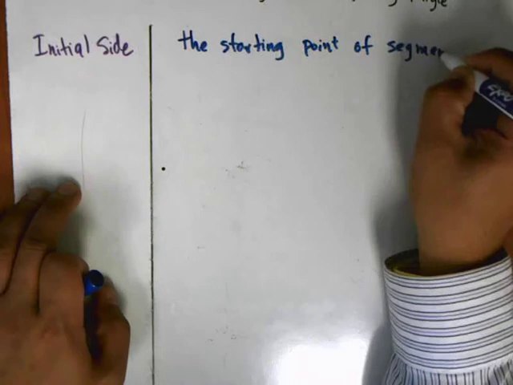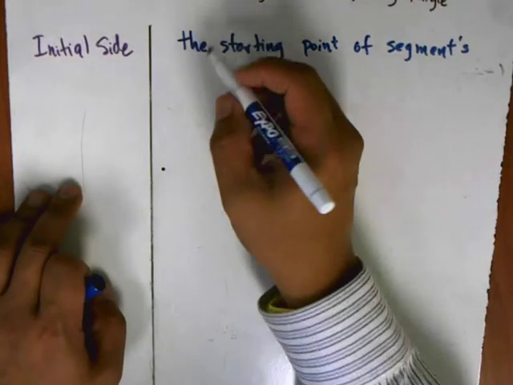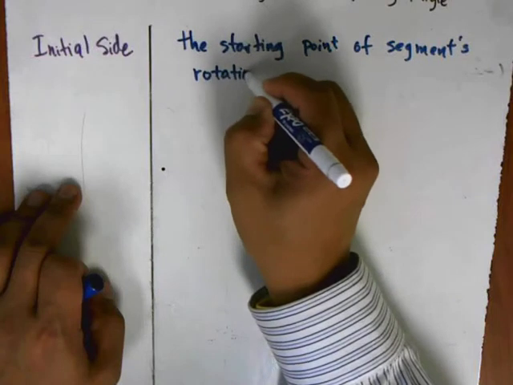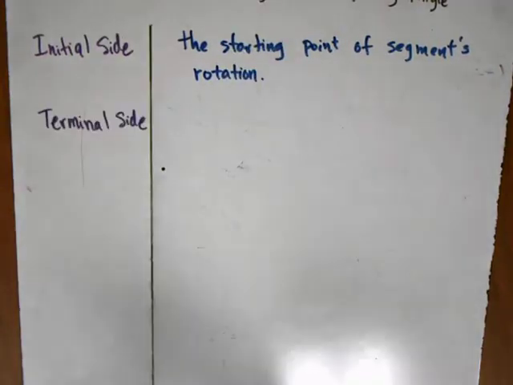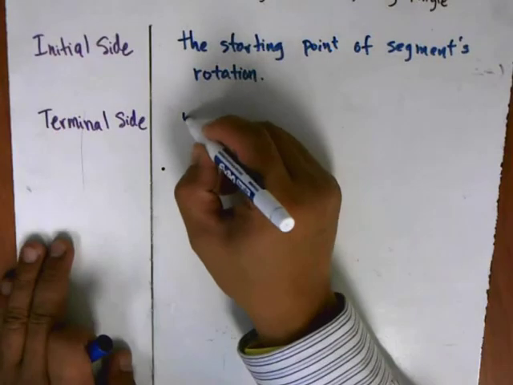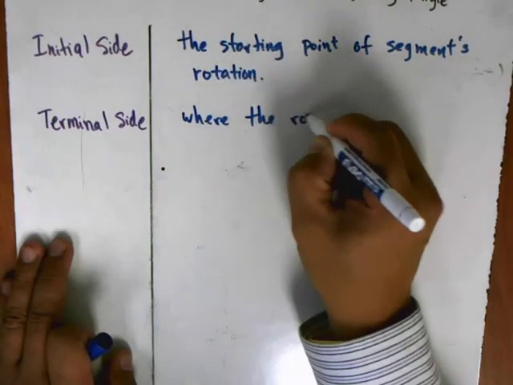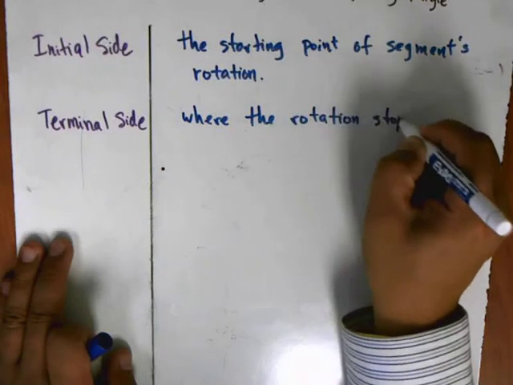And again, I'm doing this in somewhat of a layman's term so we can understand what's going on. If I show you the example, it'll be much more clear. And the terminal side is where the rotation stops.